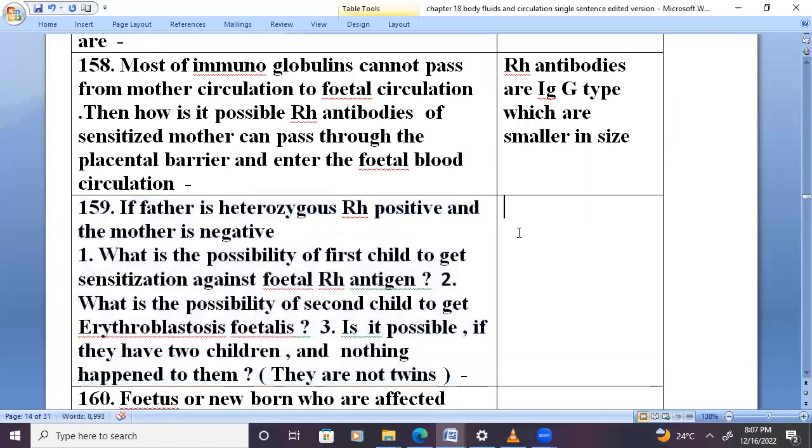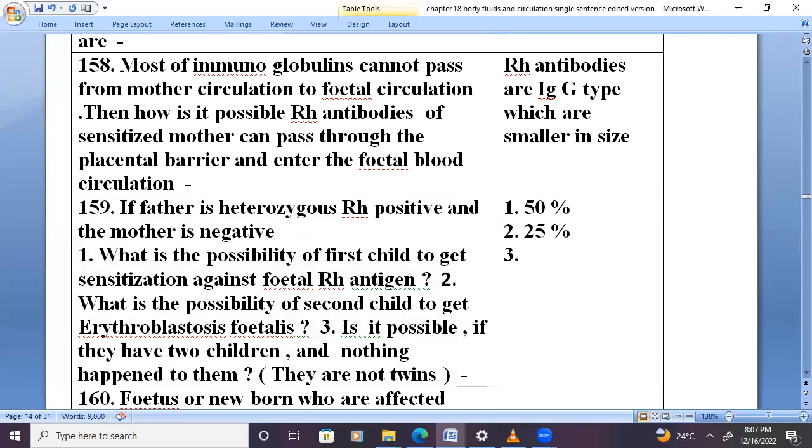If the father is heterozygous Rh positive and the mother is negative, what is the possibility of the first child getting sensitization against the fetal Rh antigen? 50%. What is the possibility of the second child getting erythroblastosis fetalis? 25%.